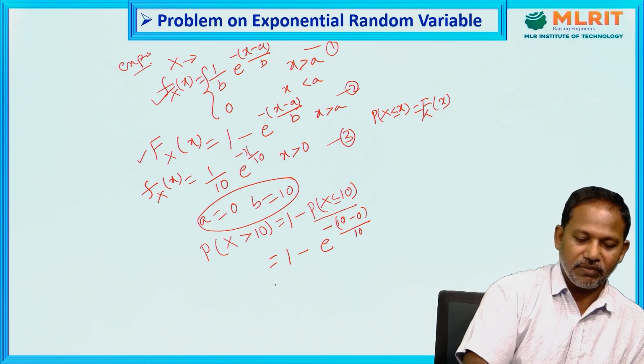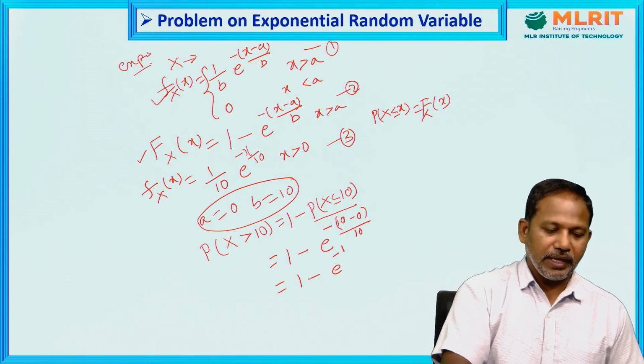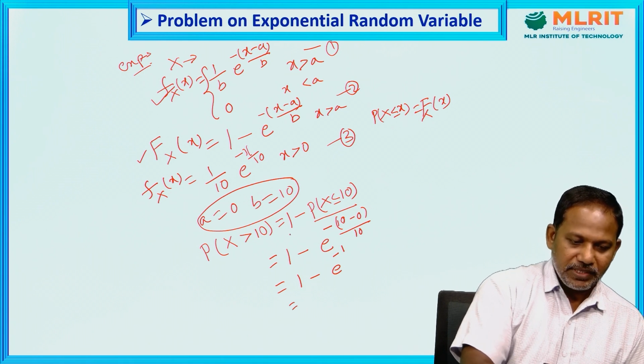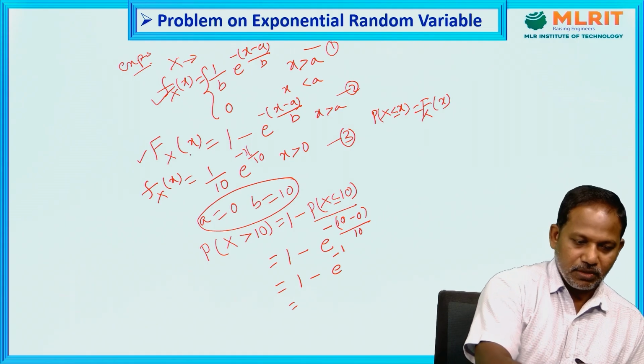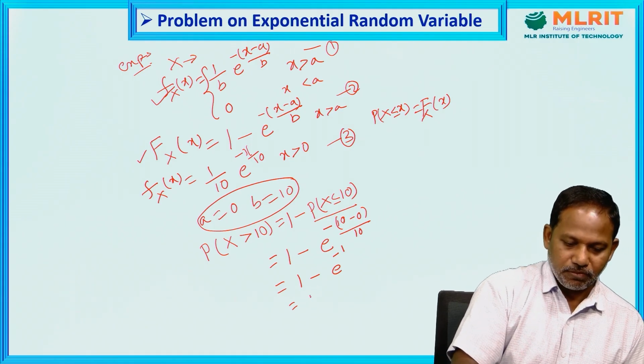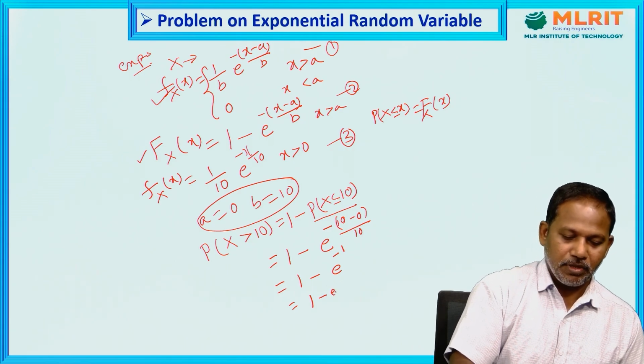So now, 1 minus e power minus 1. This is P of x greater than 10. Substituting this value, 1 minus e power minus 1 will be approximately 0.3 something.